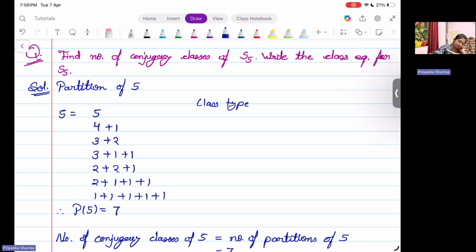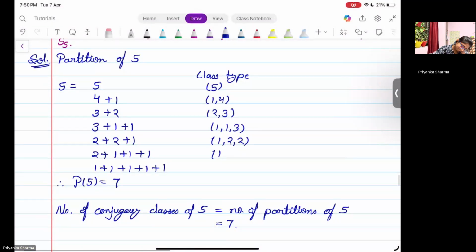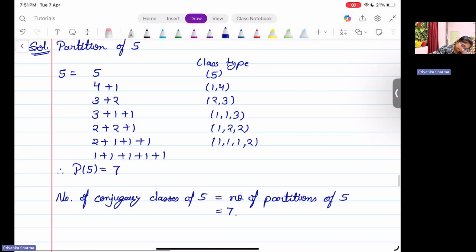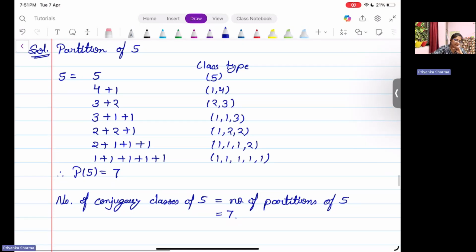So this is again an interesting thing to do. Here we have class type as 5. Here we have 1, 4. Here we have 2, 3. Here we have 1, 1, 3. Here we have 1, 2, 2. Here we have 1, 1, 1, 2. And here the class type is all 1. Okay. We have these 7 class types.